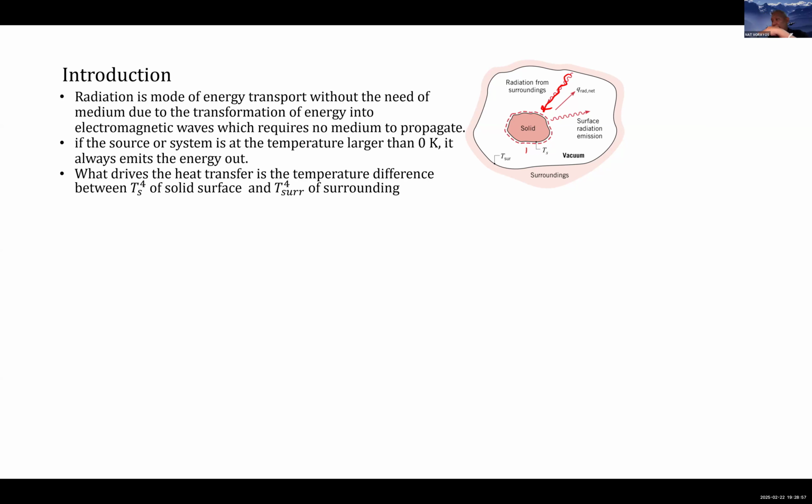If you have convection over a surface, this is Ts and this is T infinity. What drives the heat transfer? Q equals hA delta T, where delta T is Ts minus T infinity.